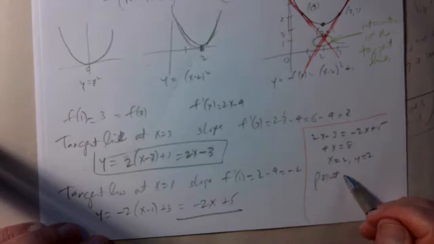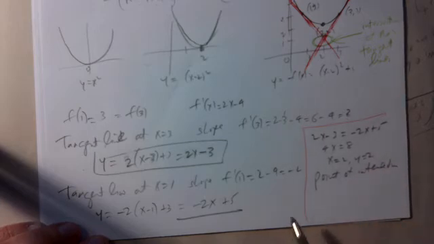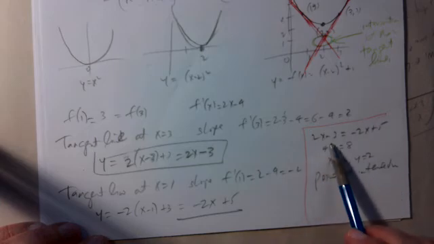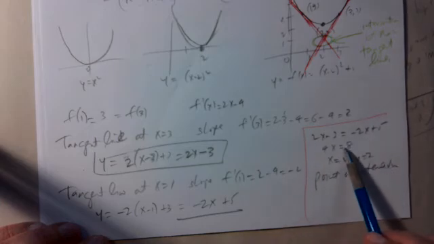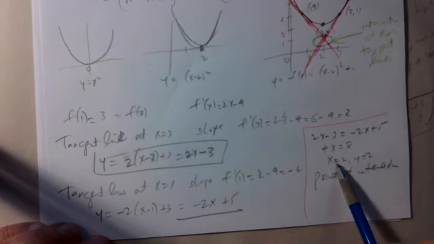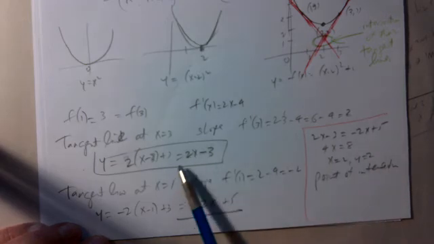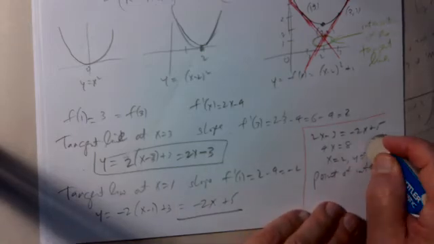So the point of intersection, let's see, something isn't quite right here. So 2x minus 3 is minus 2x plus 5. 4x equals 8, x equals 2. And on this line, when x equals 2, 2x minus 3 is 4 minus 3 is 1.